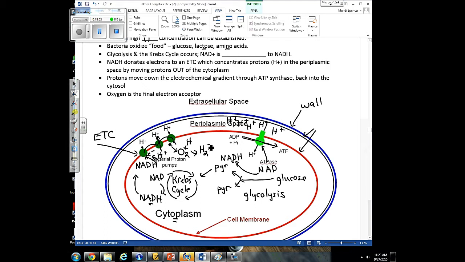Okay, so let's indicate up here that bacteria cells are utilizing glycolysis and the Krebs cycle, and they're also using oxidative phosphorylation. They are reducing NAD plus to NADH, and then we're using those protons in the establishment of this gradient to produce ATP.